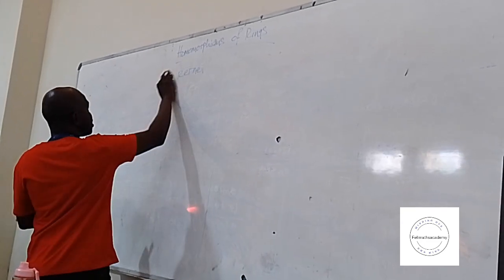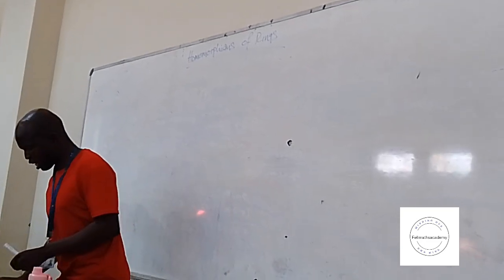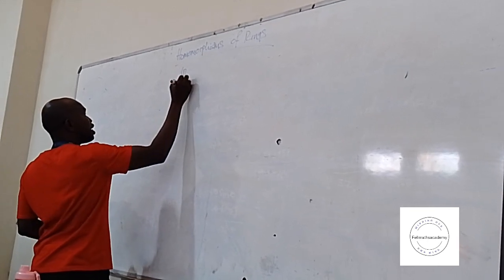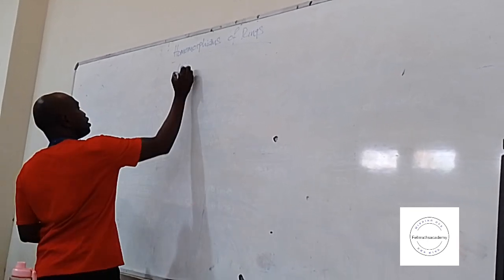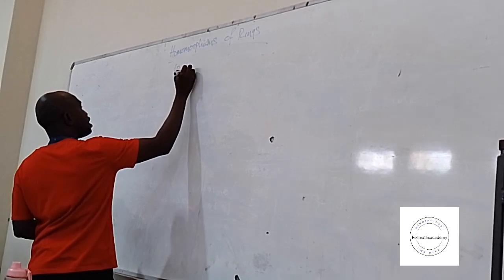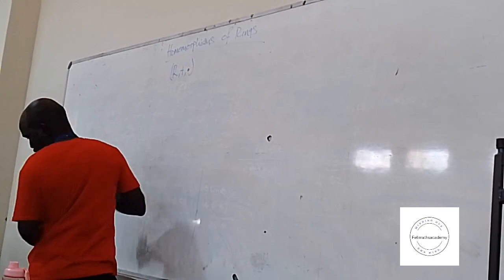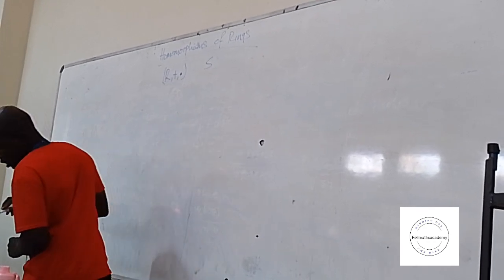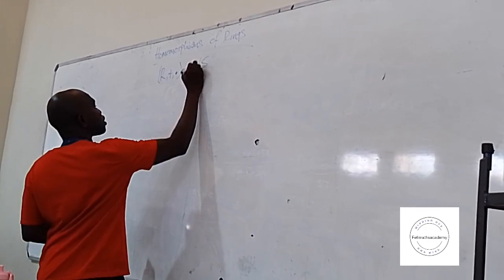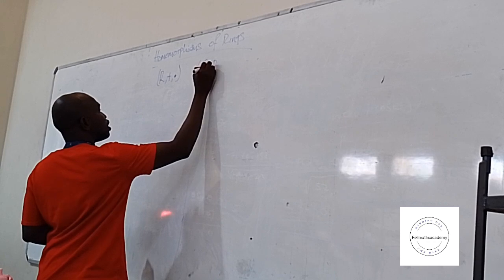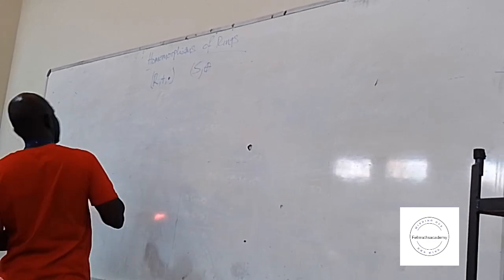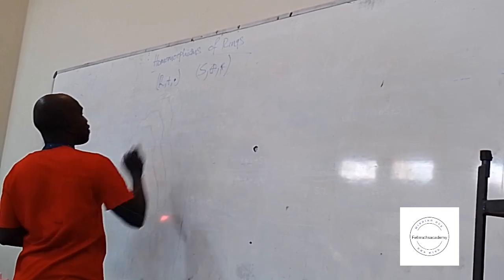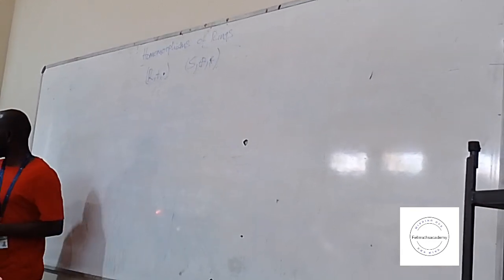Two rings. So let's see that two rings, a ring R under addition and multiplication, and a ring S under this operation and under star, two rings.